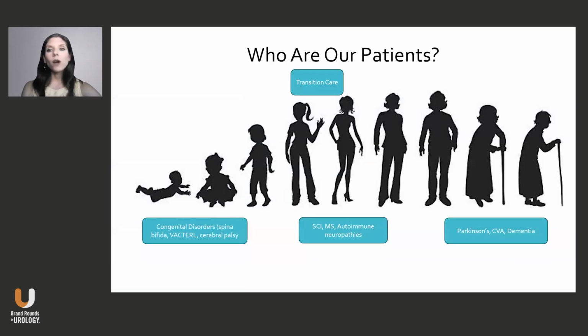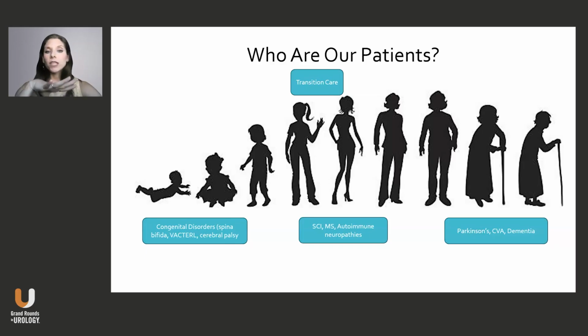Okay. So who are our patients? Well, one of the really interesting things about working in this field is that our patients span the entire life cycle. So we have very young patients, those who are born with congenital disorders like spina bifida, cerebral palsy, VACTERL association. Those patients transition into adult care usually between the ages of 14 and 21.